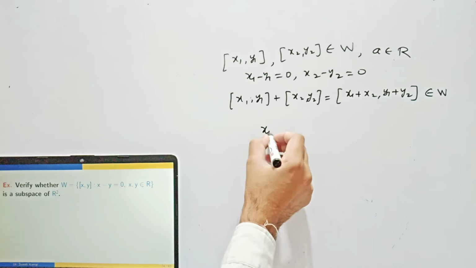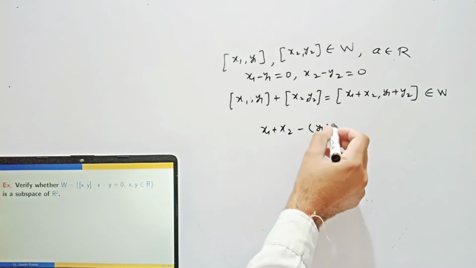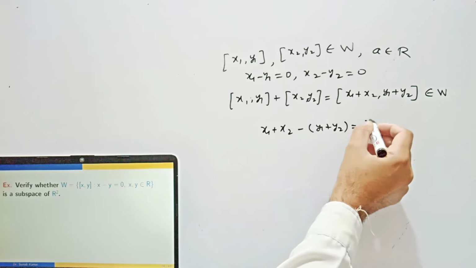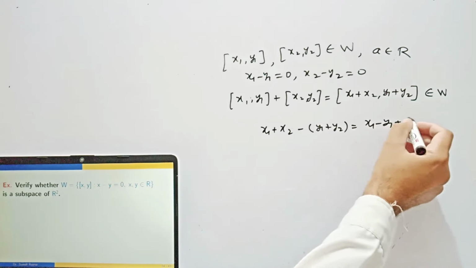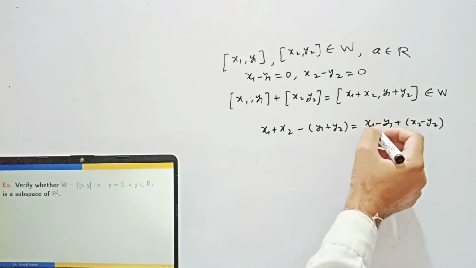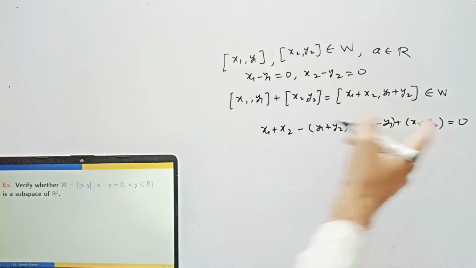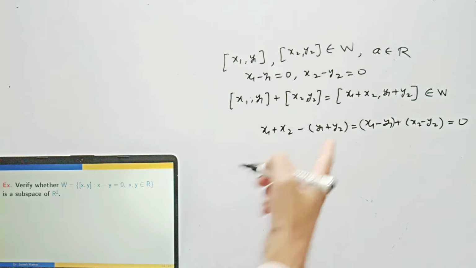Let's solve the difference of these two. What do we get? x1 minus y1 plus x2 minus y2, correct? 0 plus 0, so it is 0. So the difference of the two entries is 0. That's why it belongs to W.